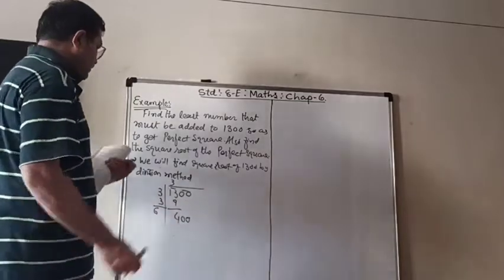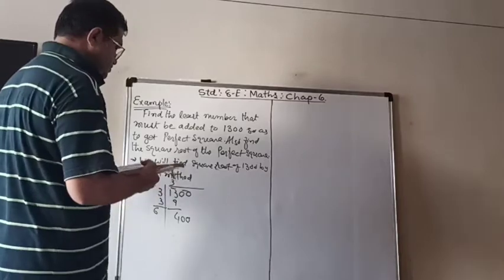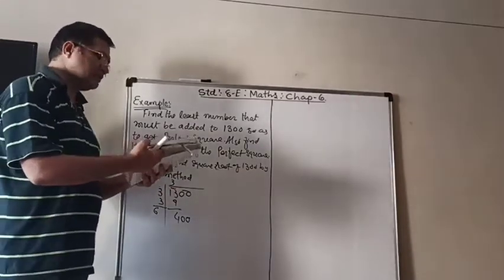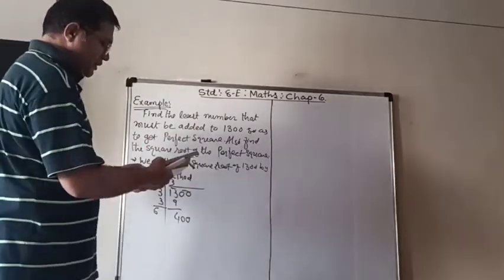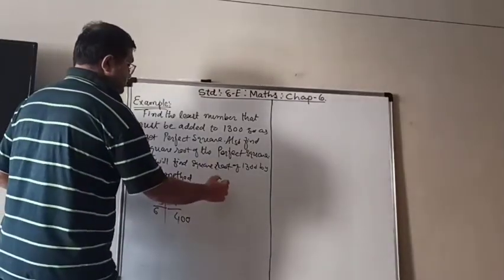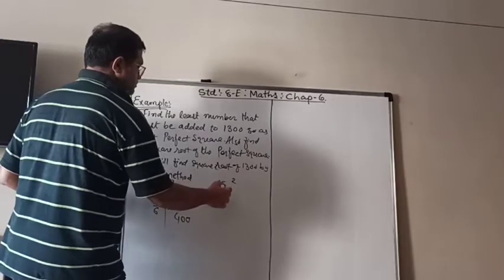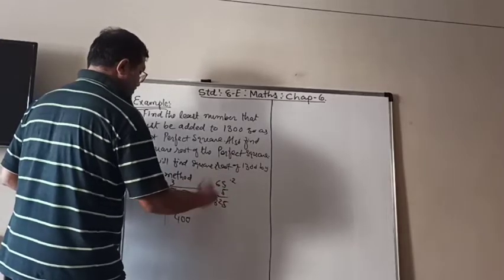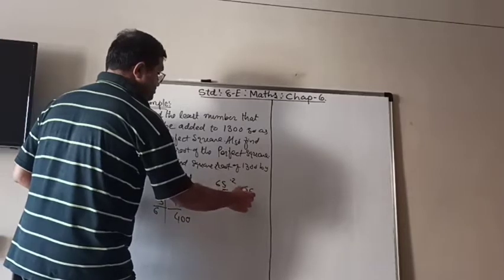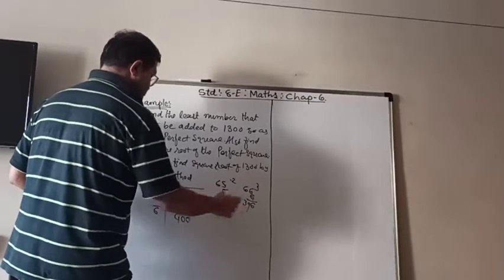Now what we have to put behind 6 such that the product will be smaller than 400. You can try with 65, 5 5s are 325, so we can try 66, 6 6s are 396.